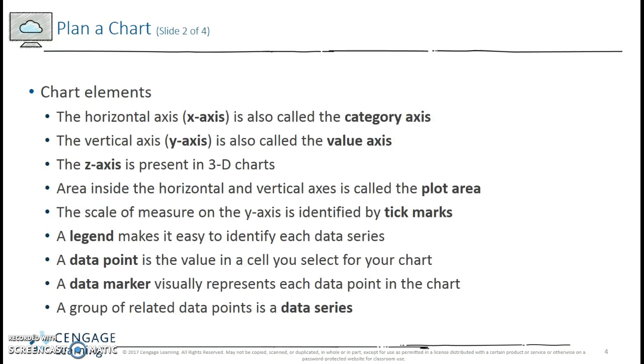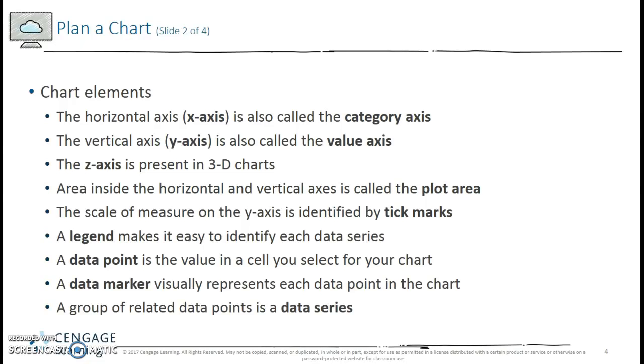So let's talk a little bit about what is considered a chart element. You have a horizontal axis, which is the x-axis, and it's also called the category axis when you're creating a chart. The vertical axis is the y-axis, and it's also considered the value axis in a chart.